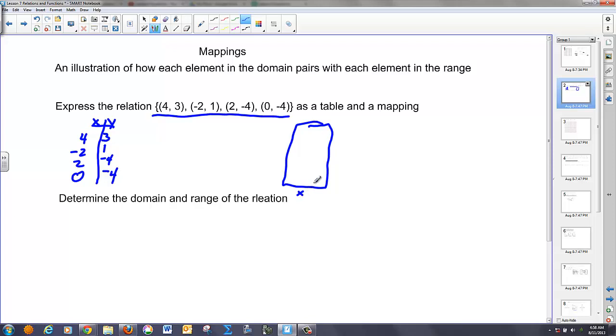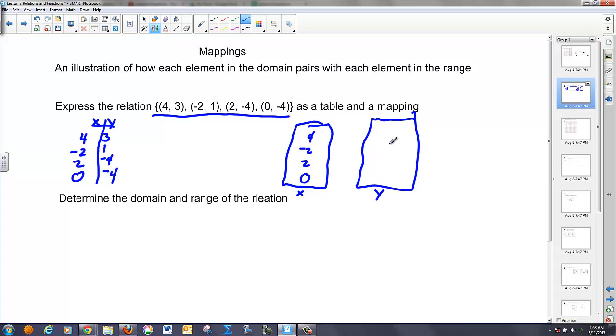So here is our x box, if you will. Here's our y box. I'm going to put each element of the x values in this box. So I have 4, -2, 2, and 0.